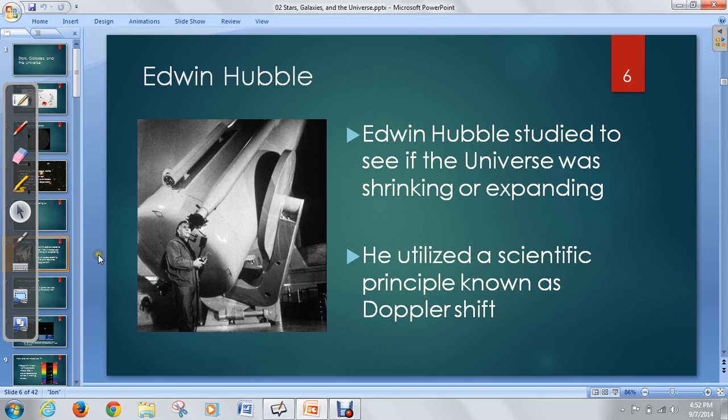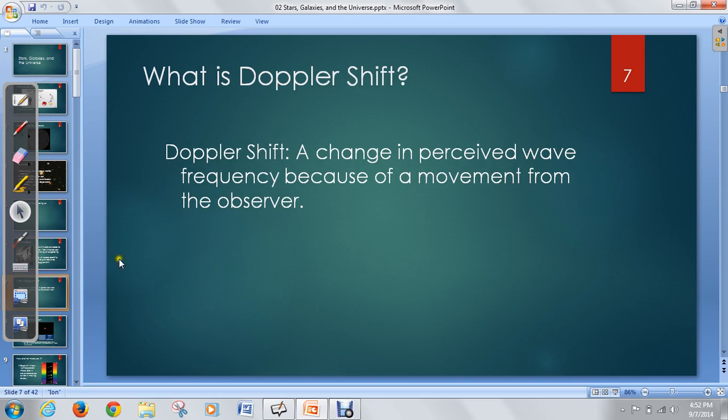So if you haven't heard of the Doppler shift before, it's what happens when a wave comes towards us and we hear it, but it sounds different than what we would usually hear or what we would usually see. So a Doppler shift is a change in the perceived wave frequency because of a movement from the observer.